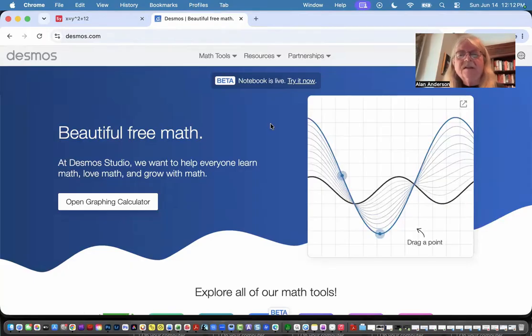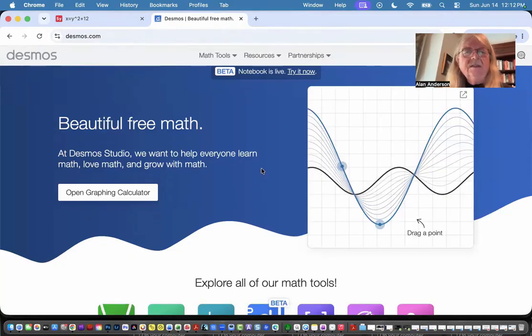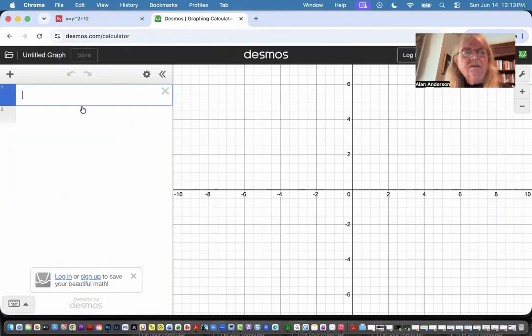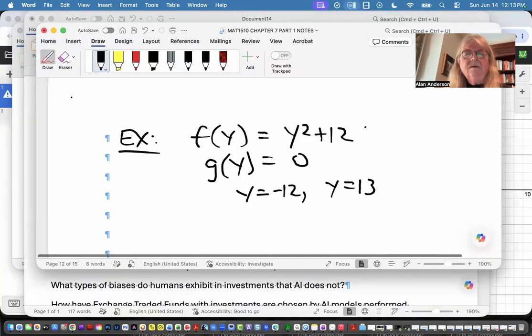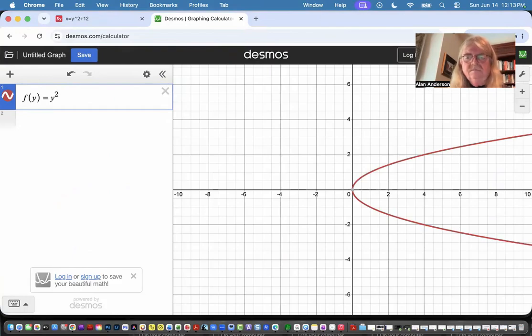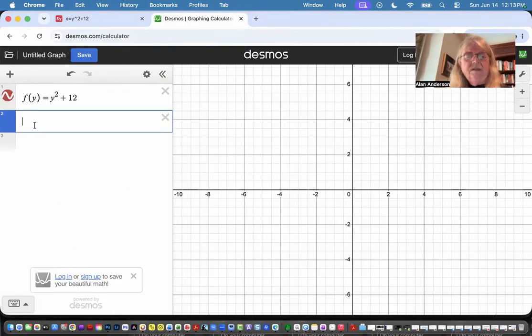I just find it to be very awkward sometimes. So we're going to do this one more time. f of y equals y squared plus 12. And then we have g of y equals 0.